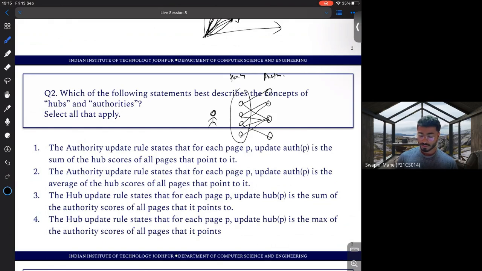So the hubs provide the information about which authorities are best or good for that particular hub, right? So in terms of hubs and authorities, how do you ask the questions?